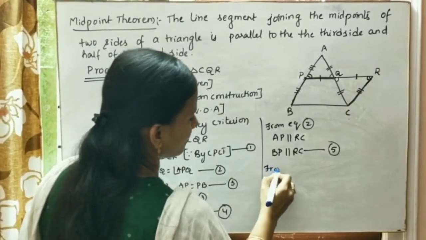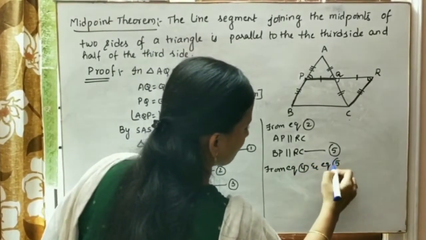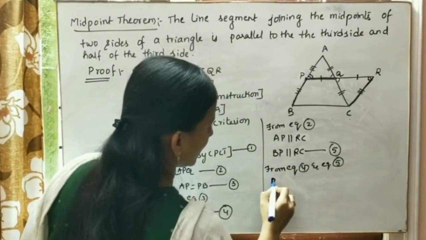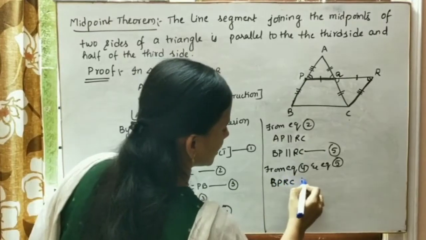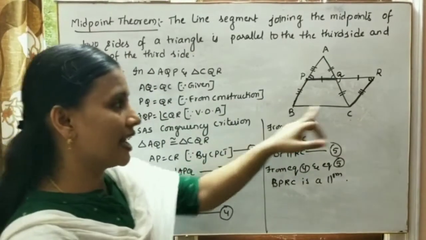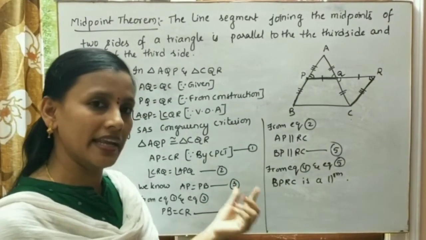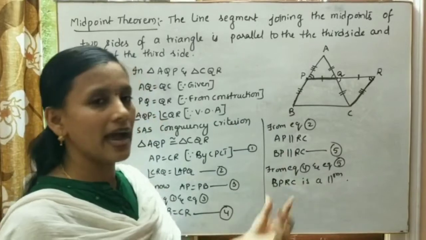Therefore, from equation 4 and equation 5, BPRC is a parallelogram. In a quadrilateral, if one pair of opposite sides are parallel and equal, then that is a parallelogram.